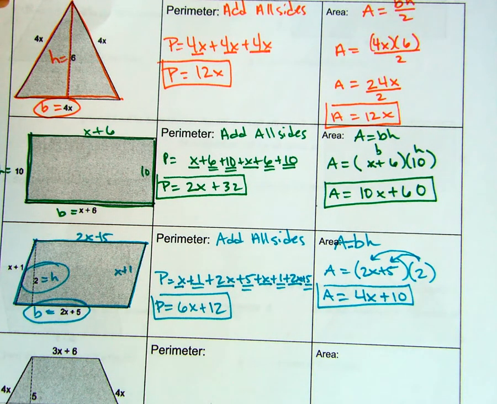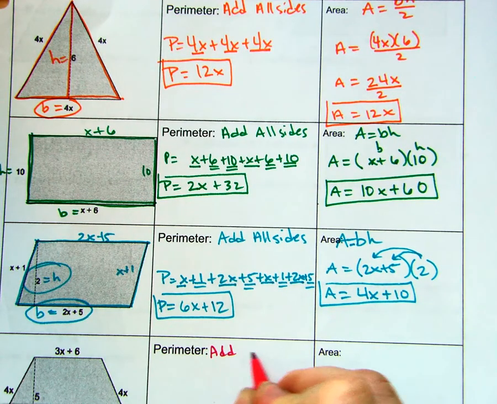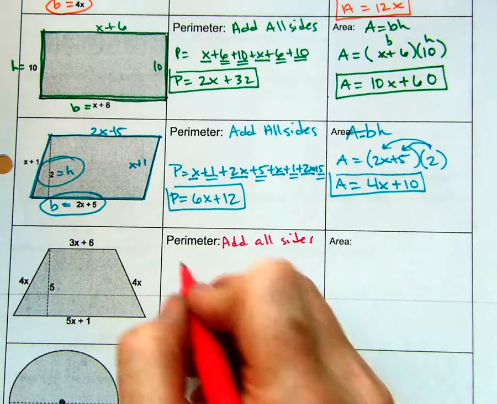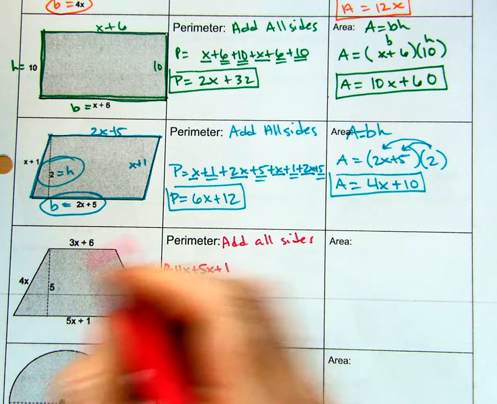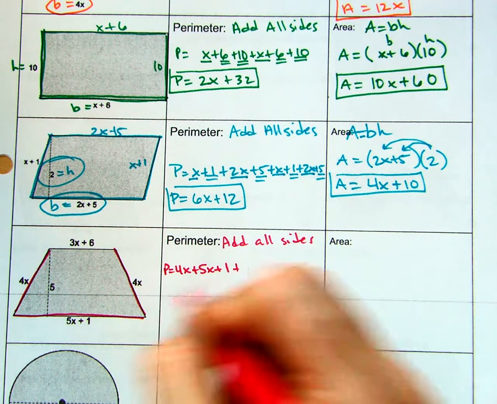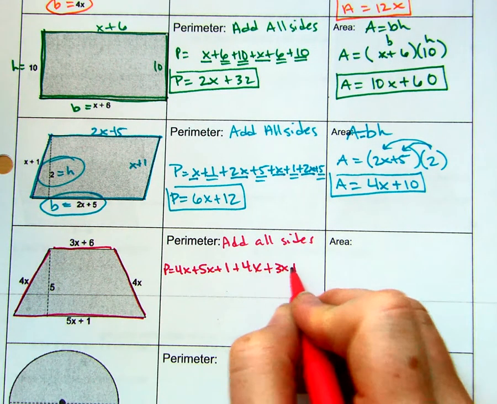All right, for a trapezoid, I can, again, just add all the sides. And so I'm looking at 4x plus 5x plus 1 plus 4x plus 3x plus 6.